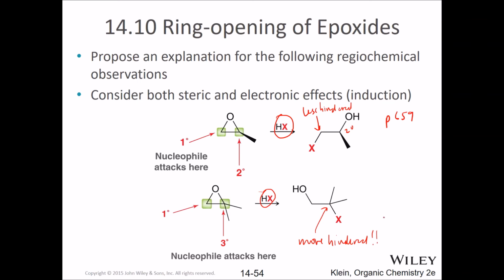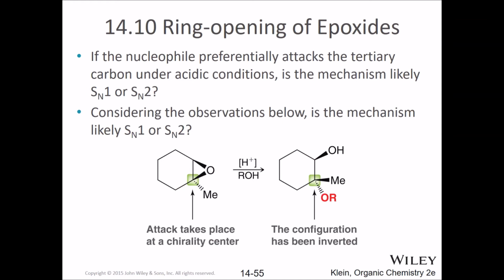Why is that? Okay, the answer's on page 659, and here it is. If the nucleophile preferentially attacks the tertiary carbon, this is another good question. Attacks the tertiary carbon under acidic conditions, is the mechanism more likely SN1 or SN2? Think about this.